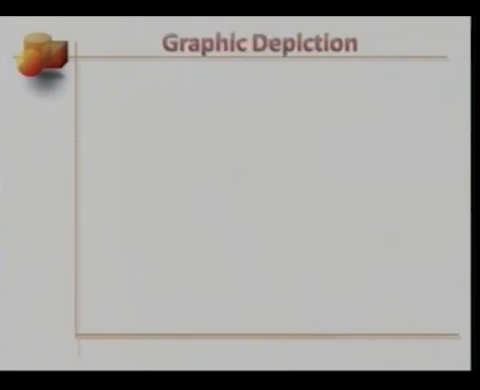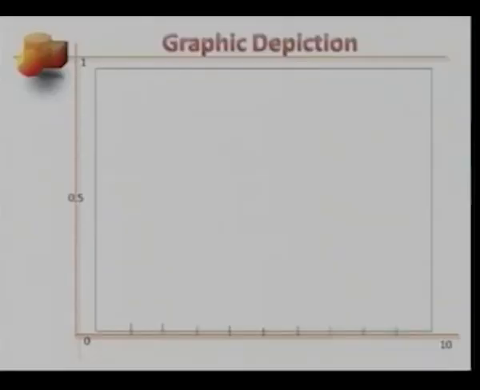Let's look at how these individual basis functions look like graphically. Let's take an example. Let's say we have the knots 0, 2, 5, 6, and 10. How many knot spans will there be? 1, 2, 3, and 4.